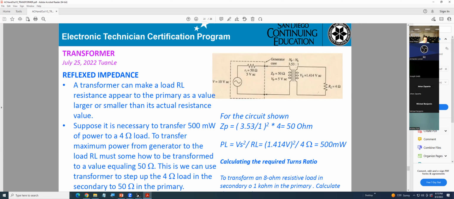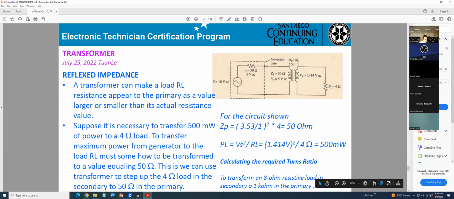Suppose it is necessary to transfer 500 milliwatts of power to 4 ohms. That means they transfer from the generator here to the load 4 ohms.